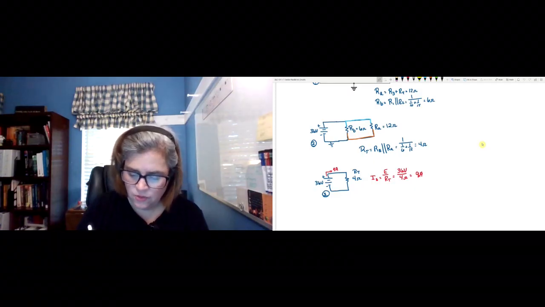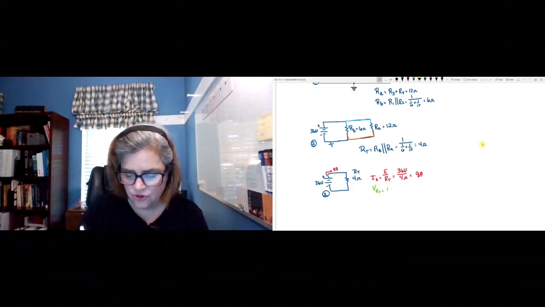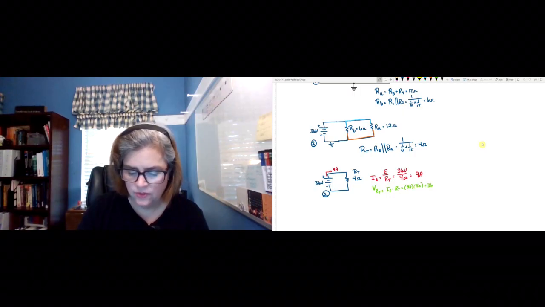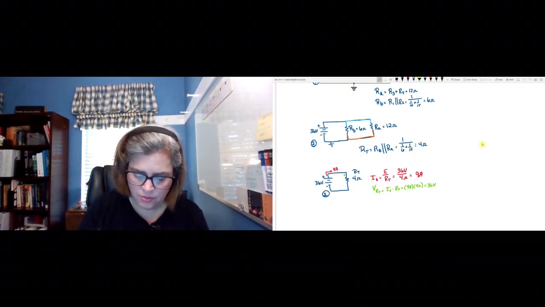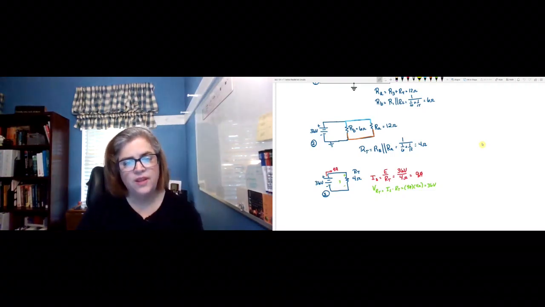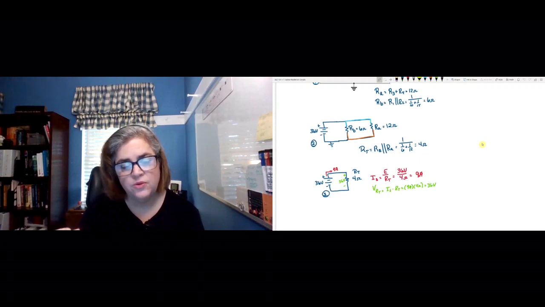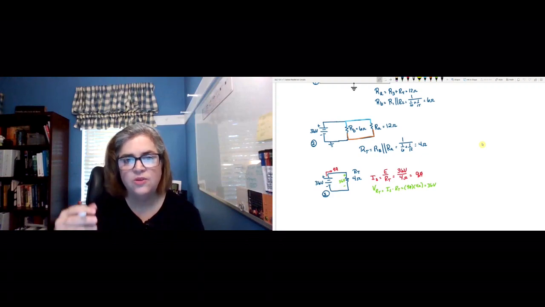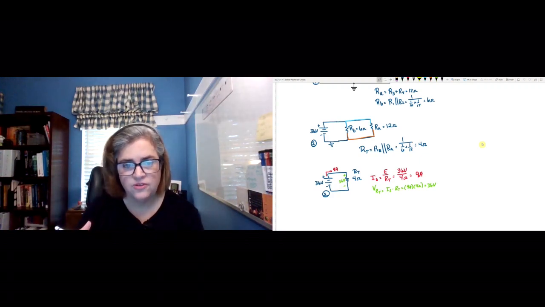Then the voltage drop across RT would be that source current times RT, or 9 amps times 4 ohms, or 36 volts. I'm doing that just as a placeholder, but recognize that if you're supplying one resistor with 36 volts, you'll have to see that voltage drop across RT.